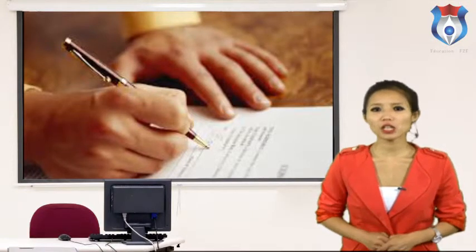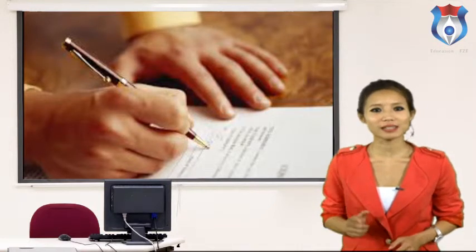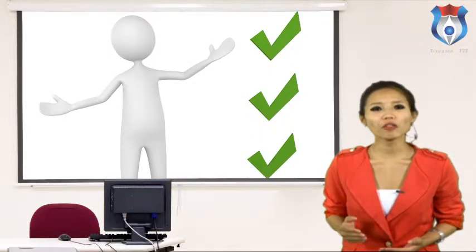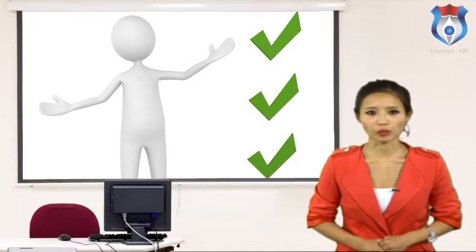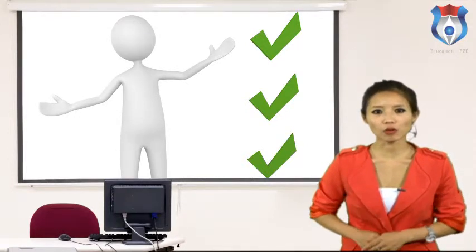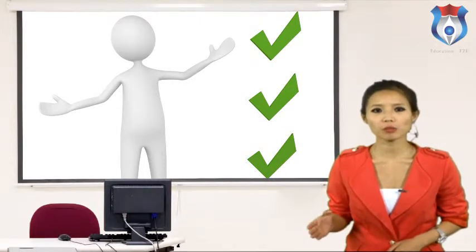From the above definition of promise, it is obvious that an agreement is an accepted proposal. The two elements of an agreement are offer or proposal and acceptance of that offer or proposal. A contract consists of two elements: an agreement and a legal obligation, that is, it should be enforceable at law.